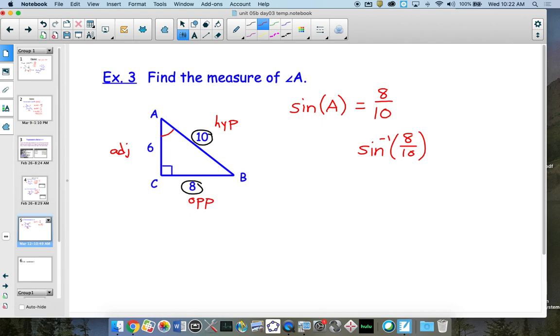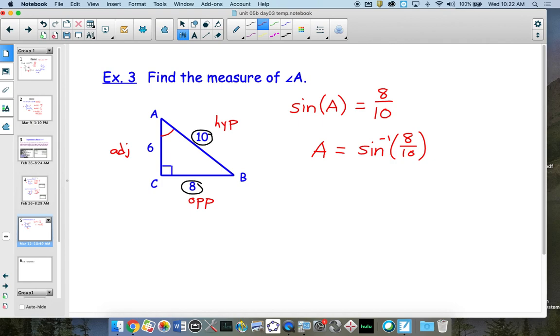If you remember back in algebra, you had functions like f of x. Well, now we have something called an inverse of f, and that's the notation we use. Don't confuse that with a negative exponent. That just means the inverse. Alright, so it undoes the sine. So when you have a problem, sine of A equals 8 over 10, to find angle A, you're going to do the inverse of sine of the fraction 8 over 10.